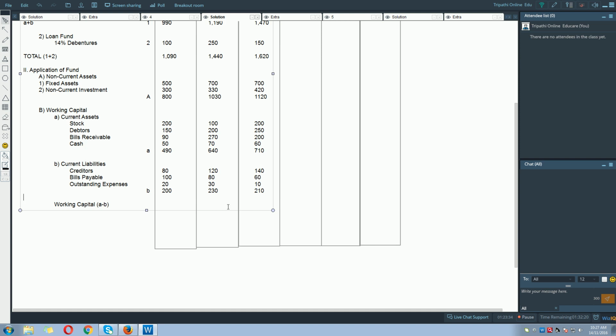Outstanding expenses 20, 30, 10. So total of B will be 200 of the first year, 230 of the second year, and 210 of the third year.